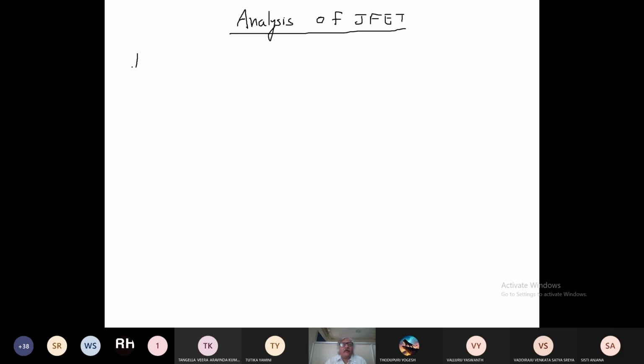And here we will first see the common source amplifier. In short, it is called CS, common source.